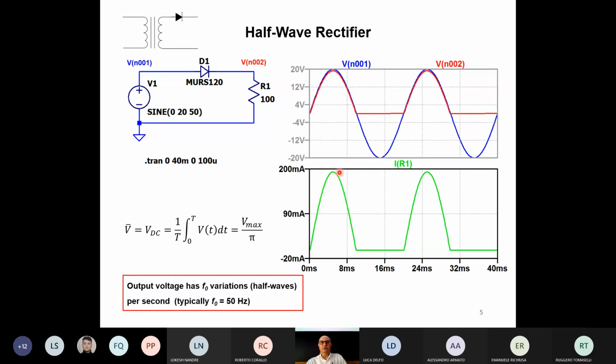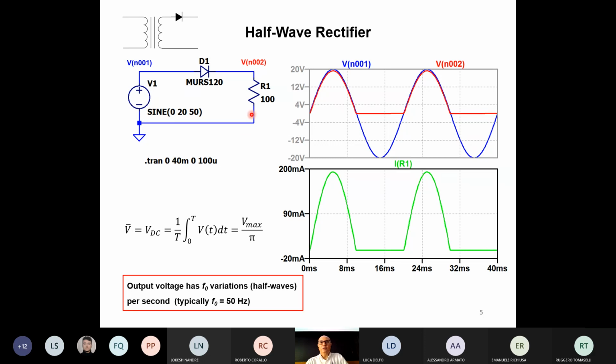If the voltage across the resistor was 20 volts, divided by 100 ohms makes 200 milliamps. But here you see that we don't reach exactly 200 milliamps because the voltage on the resistor is not exactly 20 volts. This difference seems larger than here simply because the bottom scale is expanded, but the shape is perfectly the same.